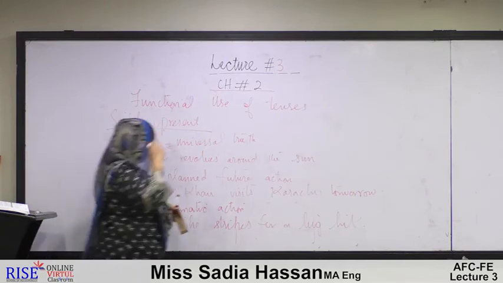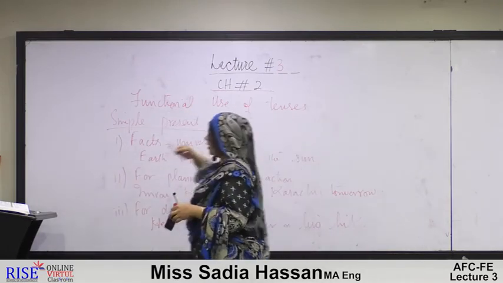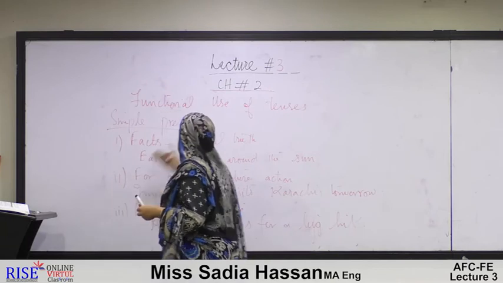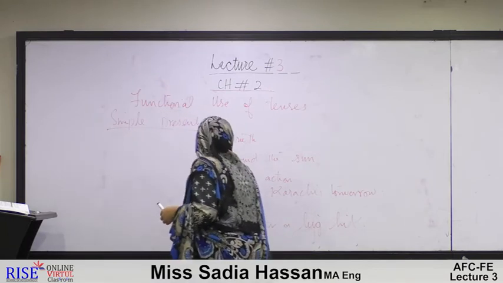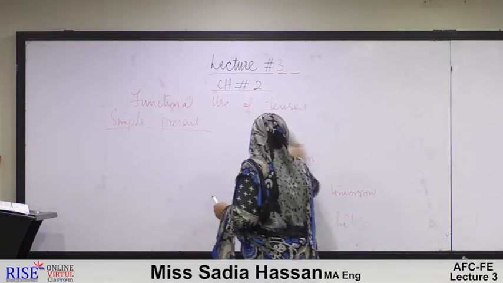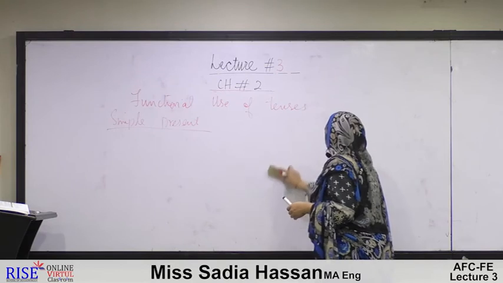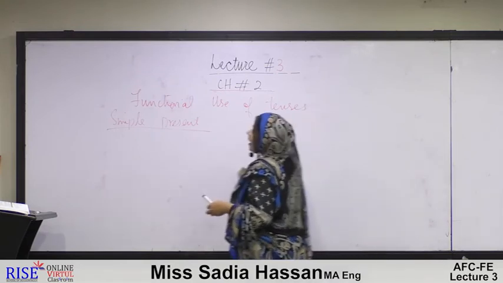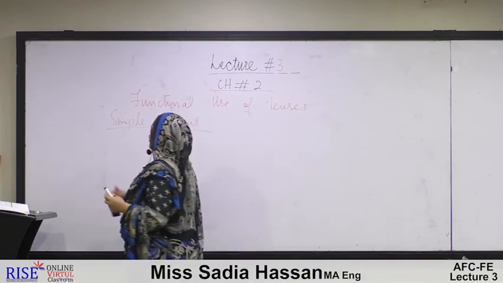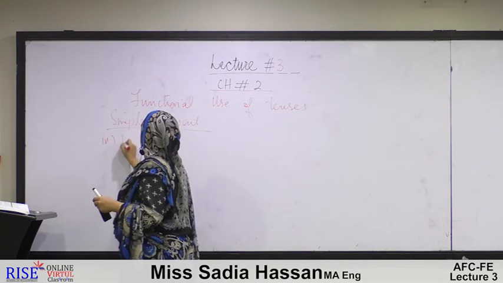Fine. And the last use of present tense as far as the functional use is concerned is called for regular actions. For example, actions which are done regularly in our daily life or habitually in our daily life, we always use simple present tense.